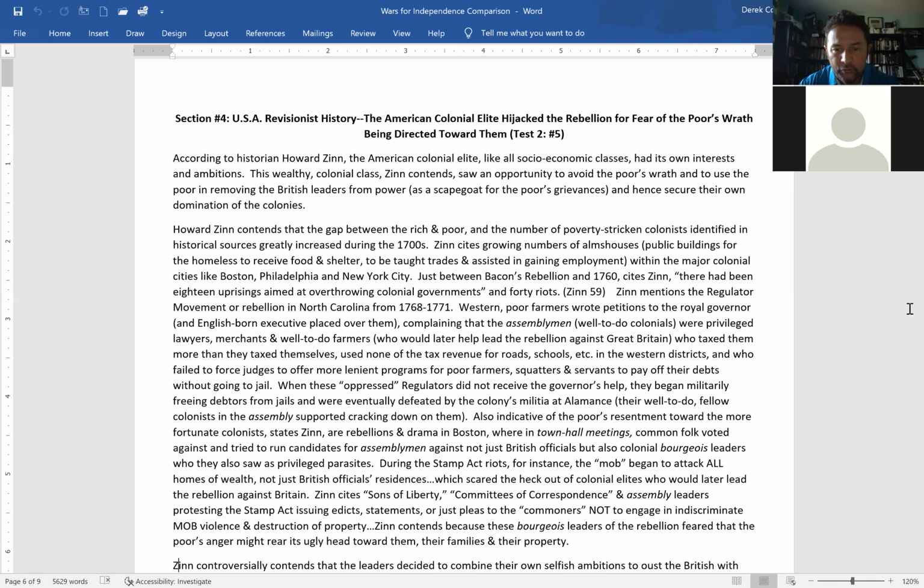Were they appalled by that specter of a genuine class-based revolution, and hence took over that rebellion and became its leaders, so they could keep the common people in their place, and kick the number one people of the socioeconomic and political pyramid, the Brits themselves, the British royal officials, out, so that they themselves, this founding father demographic, could be the most powerful and wealthiest men left standing at the end of the War for Independence?